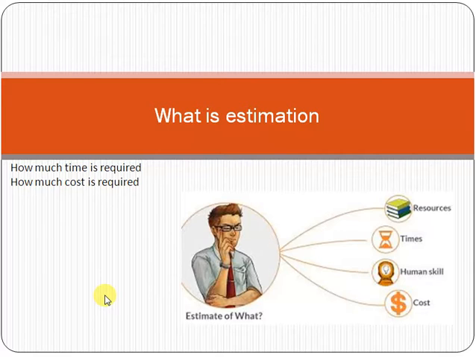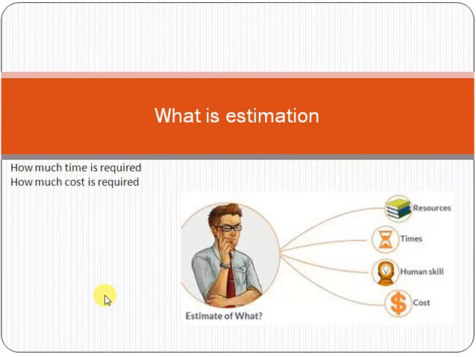Once we have clarity about these two questions, we want to estimate the resources required, time, human skills, cost, etc. So basically estimation is the answer to those two questions: how much time is required and how much cost is required.